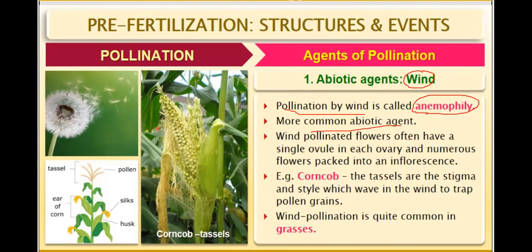Wind pollinated flowers often have a single ovule in each ovary and numerous flowers packed into an inflorescence. Example, corn cob. This is a corn cob. The tassels are the stigma. These hair-like structures are the stigma and style, which help the wind to trap pollen grain. Wind pollination is quite common in grasses.